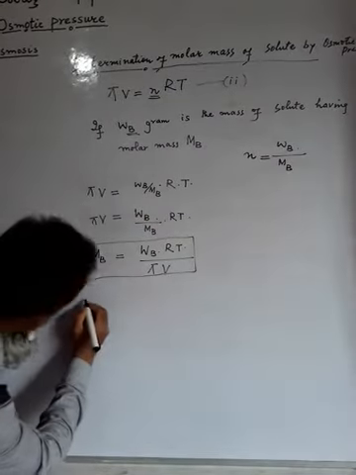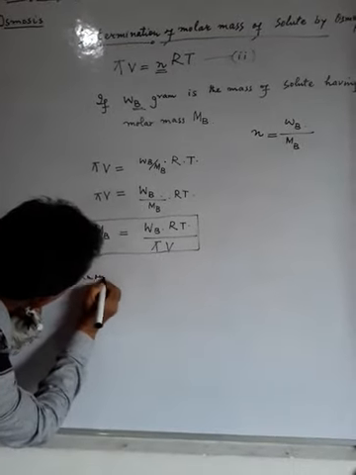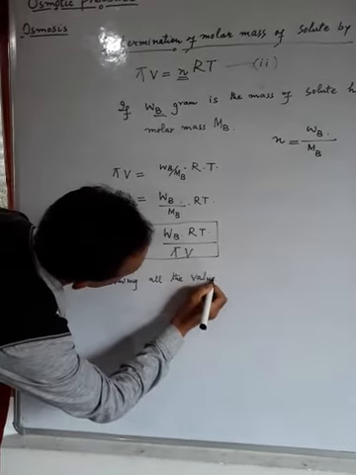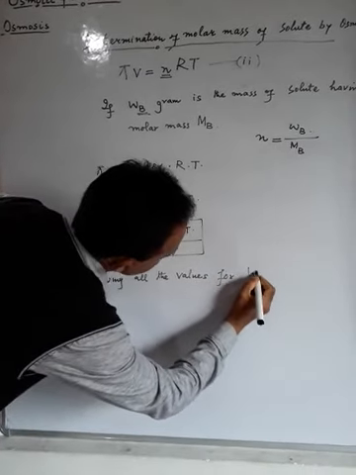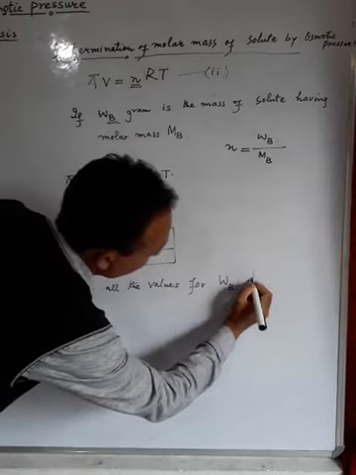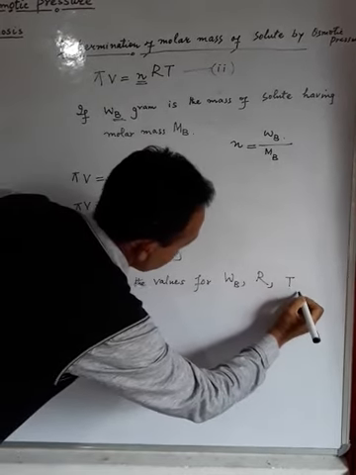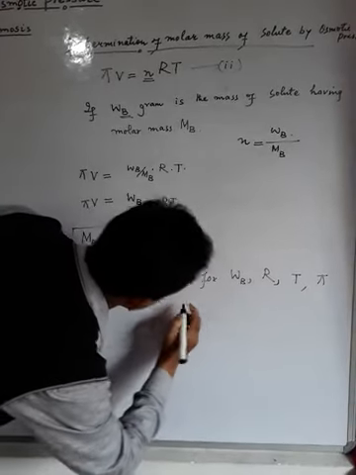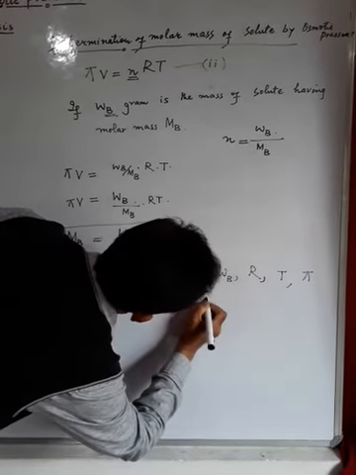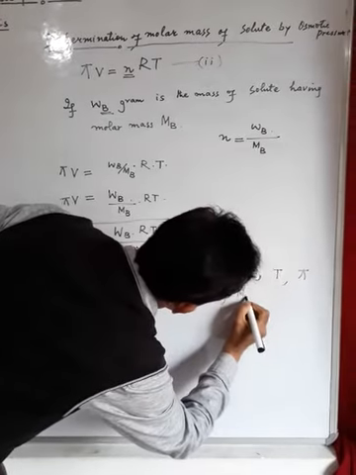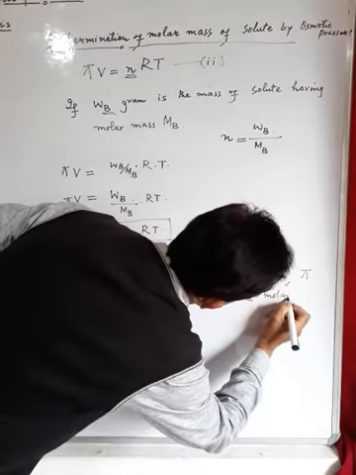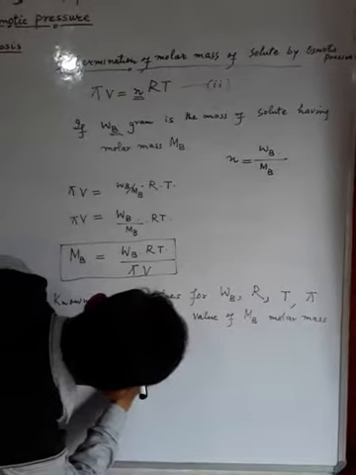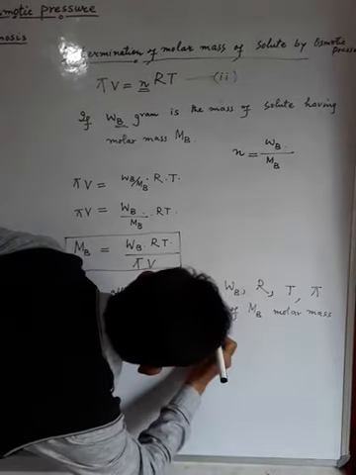Thus, knowing all the values for WB, mass of the solute, R, gas constant, T, temperature, pi, osmotic pressure, and V, volume of solution, the value of MB, molar mass of the solute, can be determined.